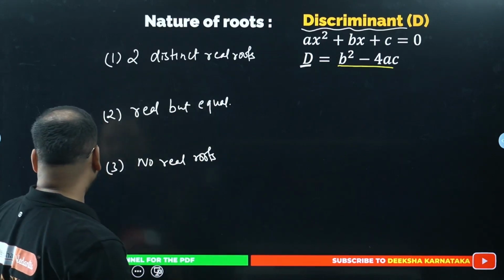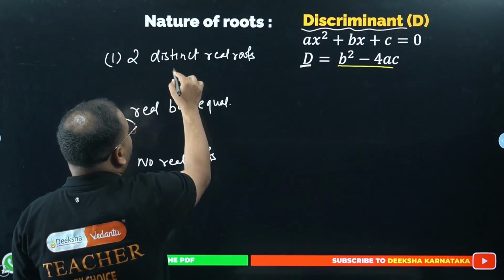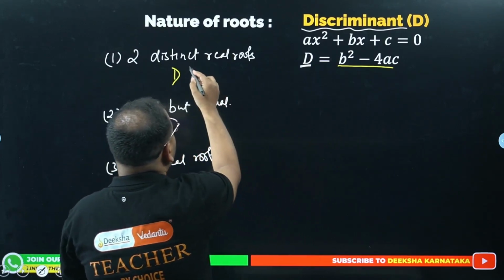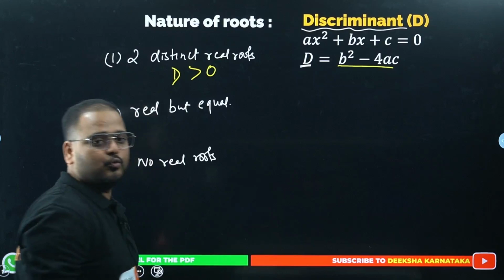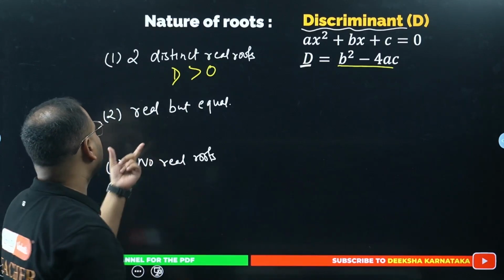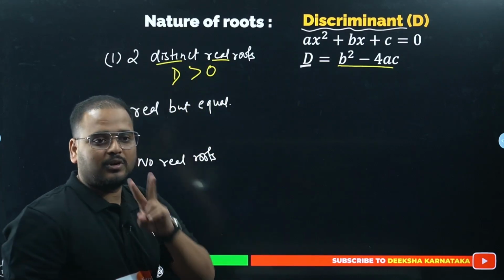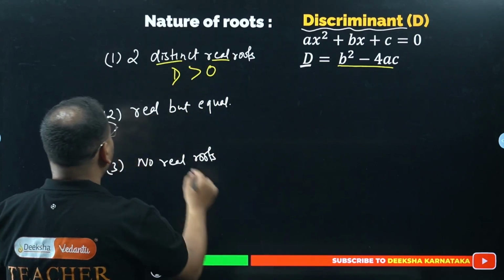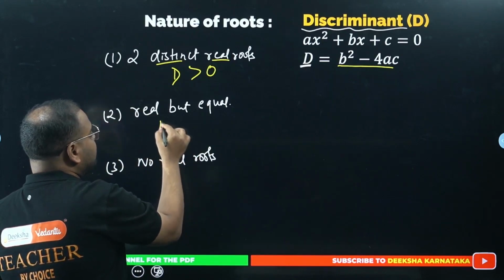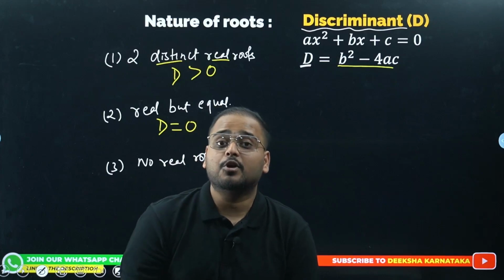So what are the conditions for D? If the value of D that you get is greater than 0, like 2, 1, 15, 15 by 2, whatever it is, just greater than 0, then it will be called distinct and real roots. You'll have 2 different roots. Second, if D is equal to 0, then the roots will become equal to each other.